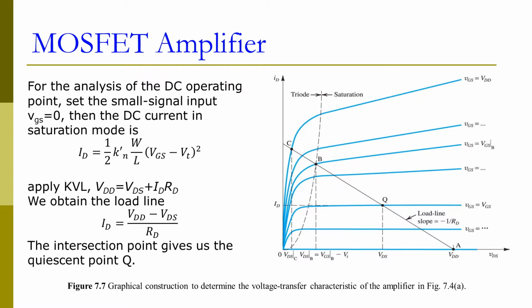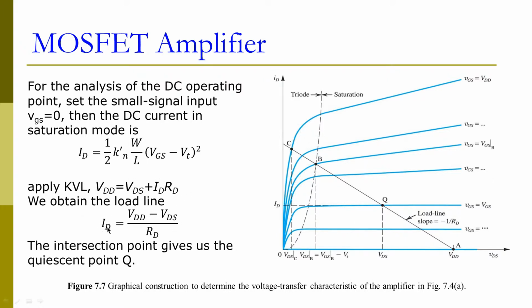For the analysis of the DC operating point, we can set our small signal input vgs equals 0, and then we can determine the drain current in saturation mode. Now this is the drain current in saturation mode. If we apply a KVL, we can have this equation here. If we rewrite this equation, we get the load line.